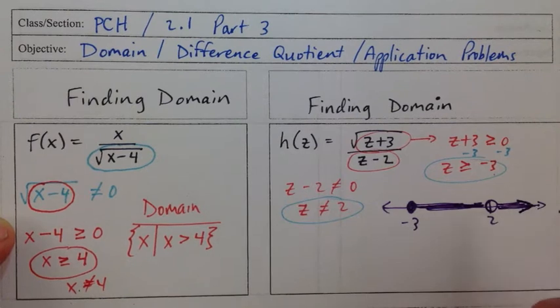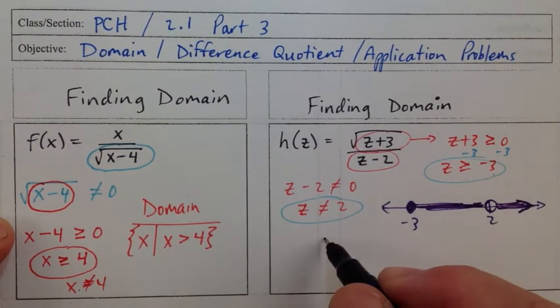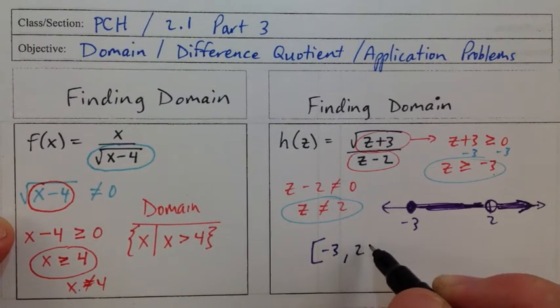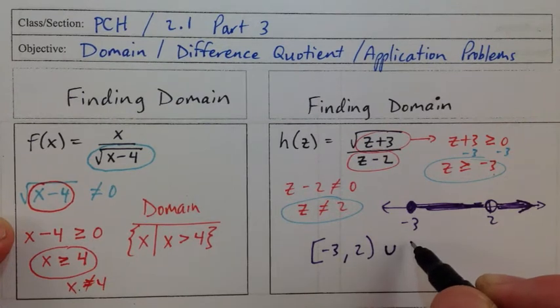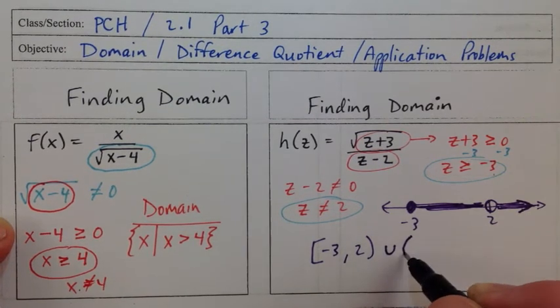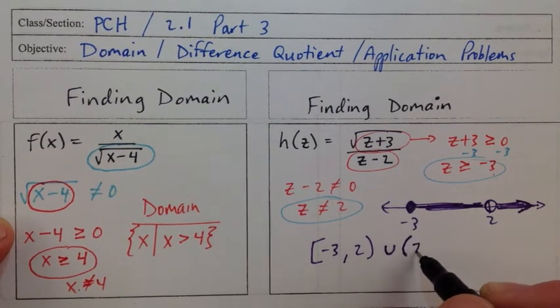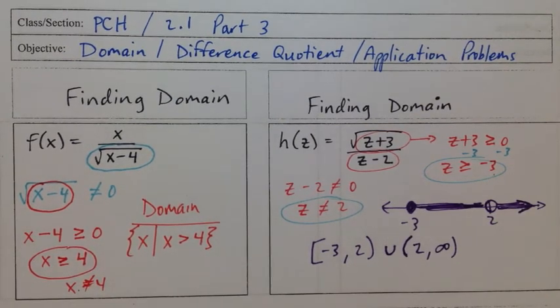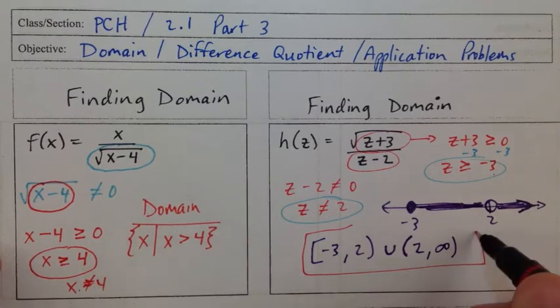How would we write that? The best way I think is: the domain would be all real numbers from -3 to 2 combined with the interval of real numbers that are greater than 2. And that's how you would write that. So there we go for the domain.